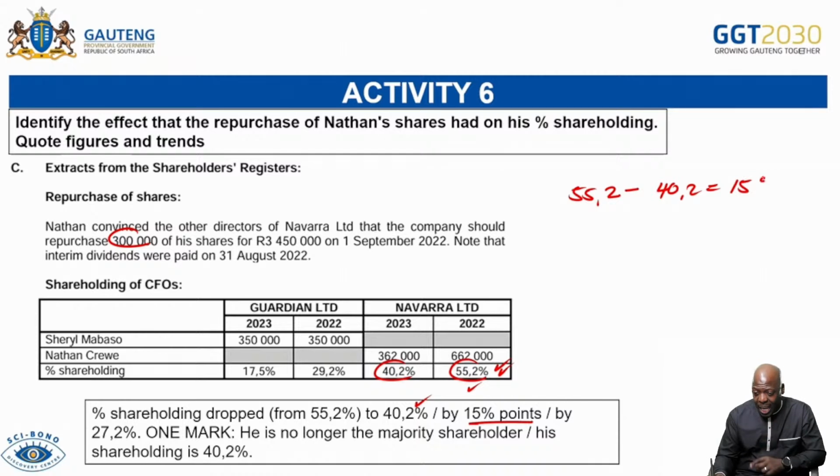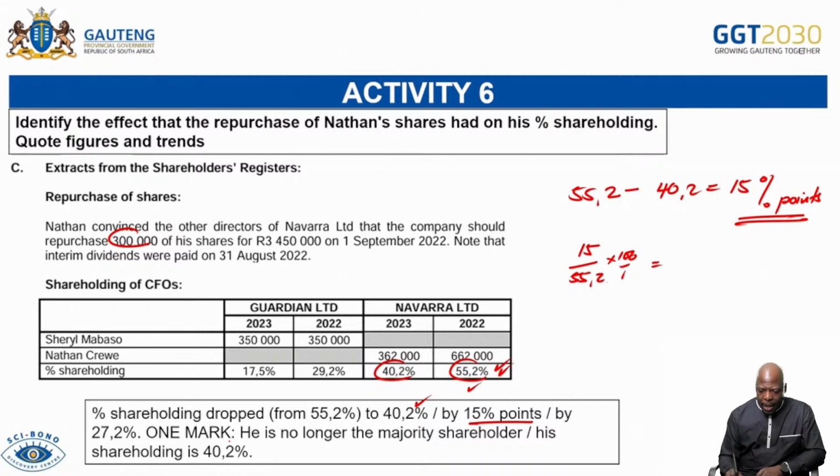But you cannot say 15% and leave it like that. That will be incorrect. You have to say 15 percentage points if you wish to leave it like that. But if you wish to make a percentage, then you have to say 15 divided by 55.2, multiplied by 100 over 1, and then you get your percentage decrease.